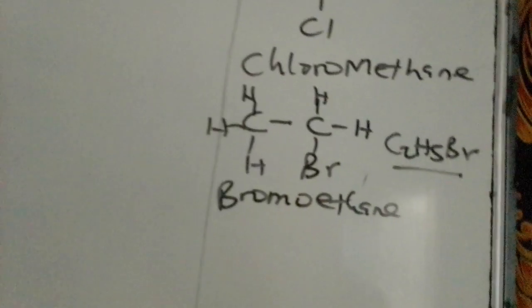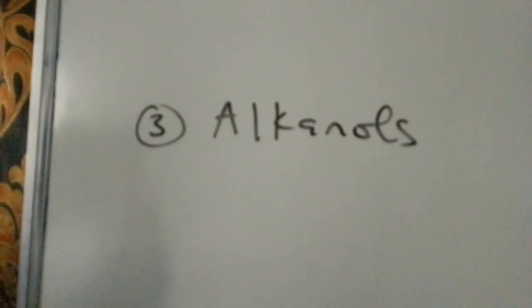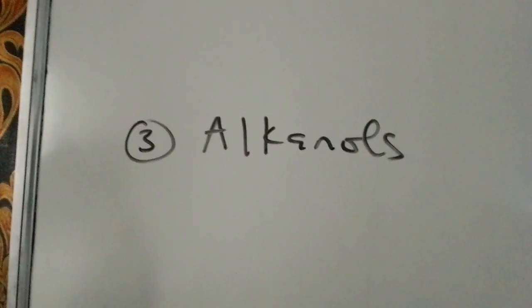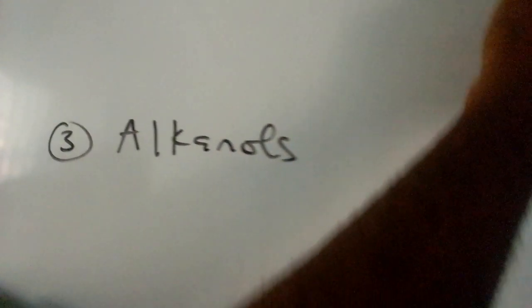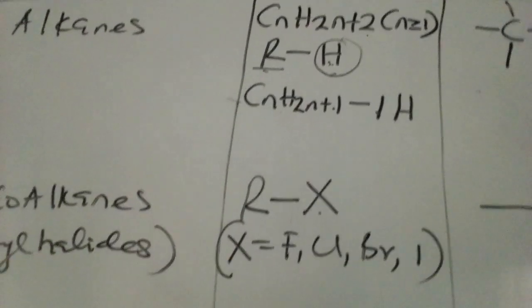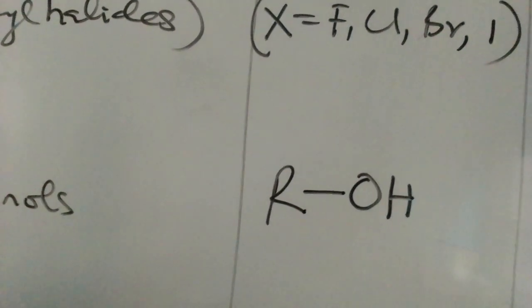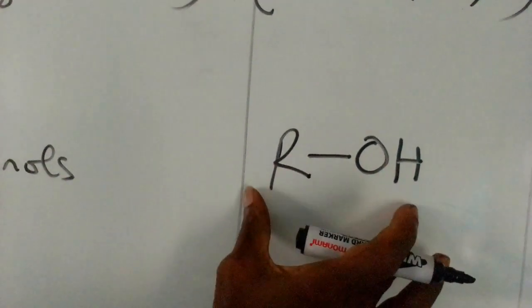So that's the haloalkane. The number 3 example of a homologous series obtained from alkane is the one we call alkanol or alkanols. The old name is alcohol. So going to this formula, R, the alkyl group of alkane, remove the hydrogen and bring in OH, known as the hydroxy group, and we have the alkanol.